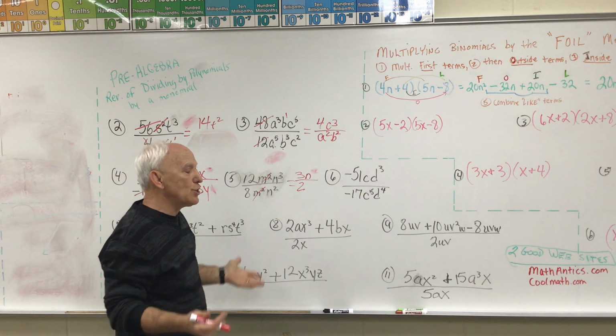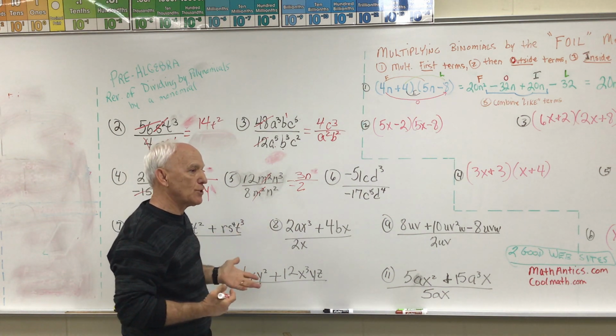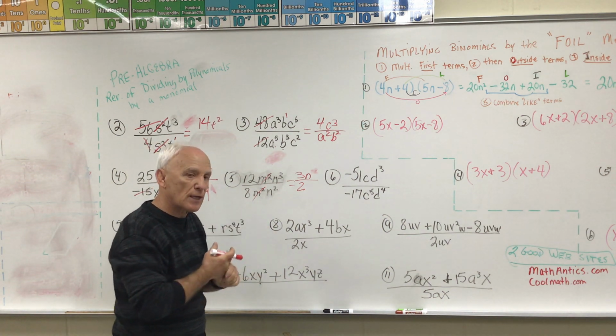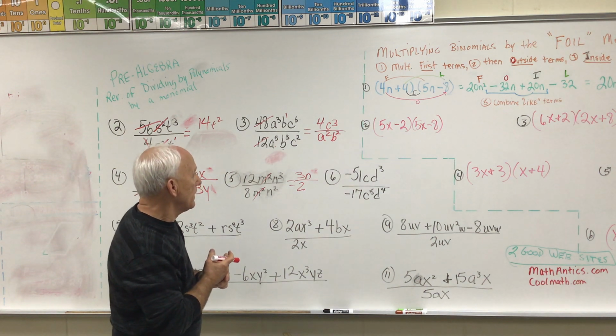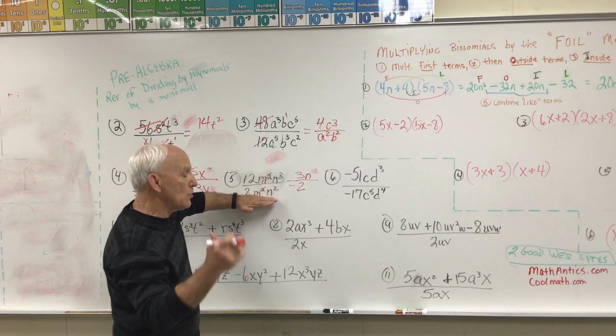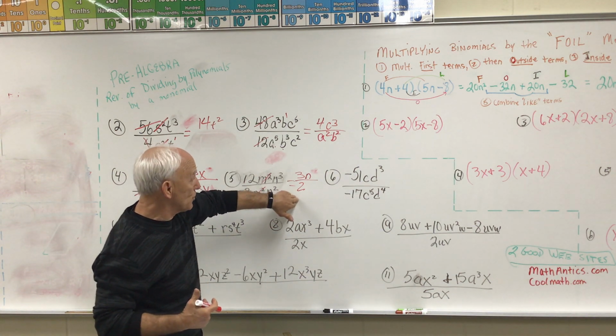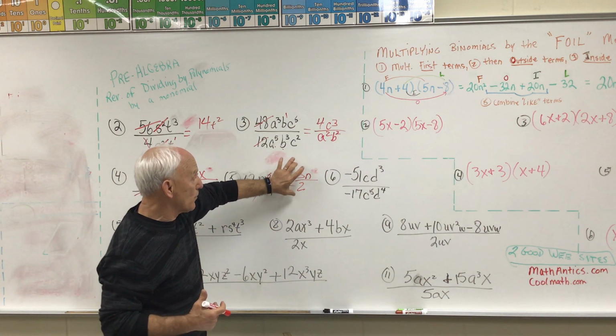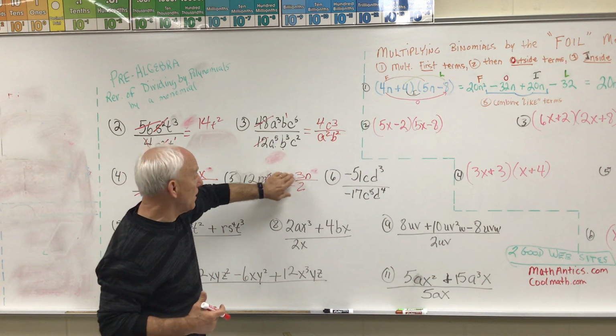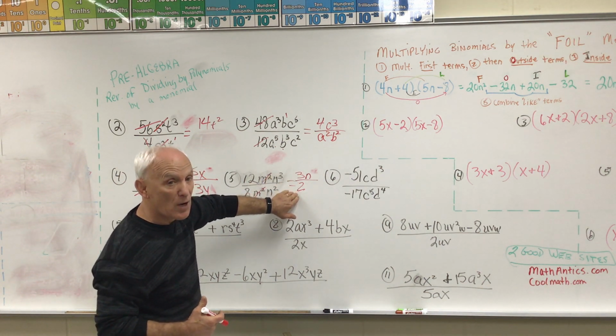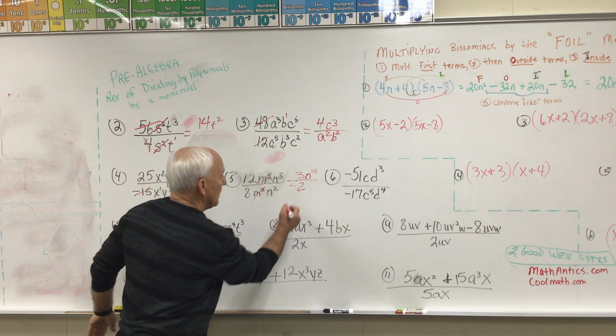Why aren't you changing improper fractions in this algebraic problem? Because when you switch over to algebra and I'm getting answers in fraction form, I do not want you to change back to the proper mixed number.